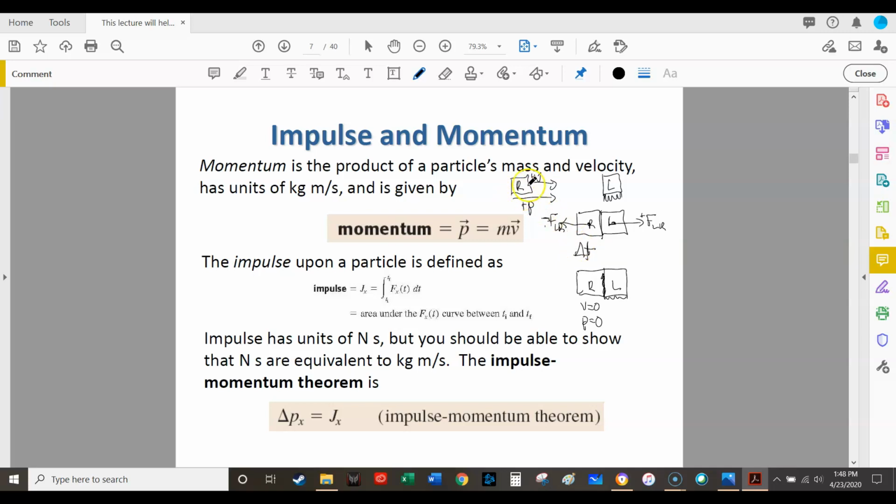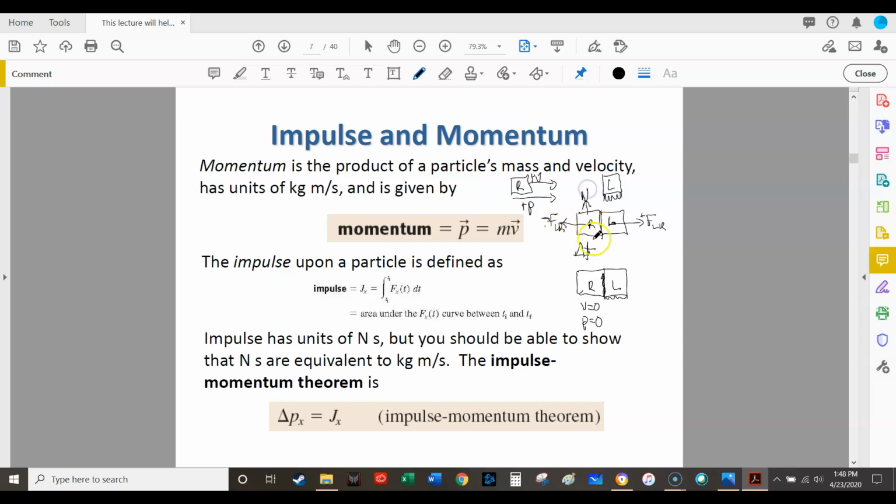So we're just looking at block R. A force is going to be applied to it opposite the direction of motion, bringing it to a stop, okay? And so that's a net force acting on that object, right? Correct?